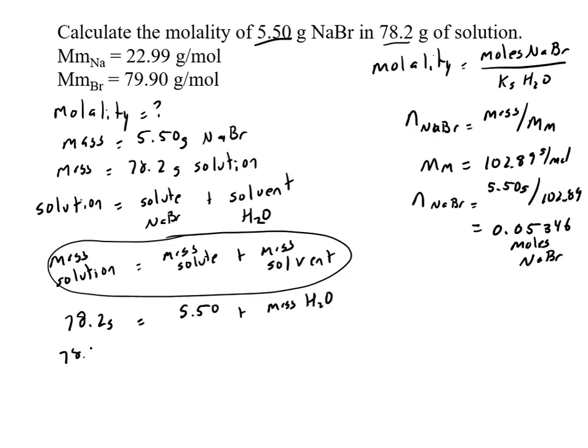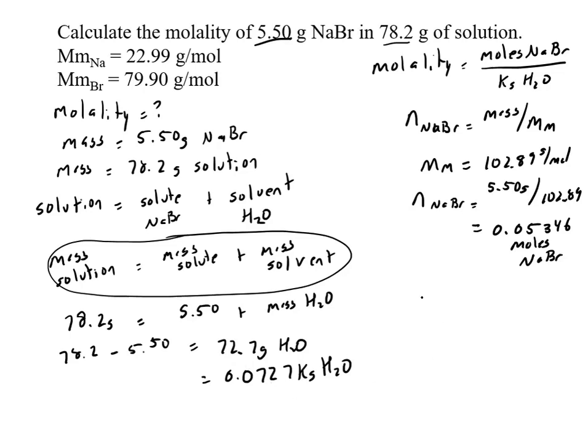So 78.2 minus 5.50. Let's see. It's going to be 72.7 grams of water, which is 0.0727 kilograms of water. I'm dividing by 1,000, or I'm moving the decimal place 3 to the left, however you want to remember it.